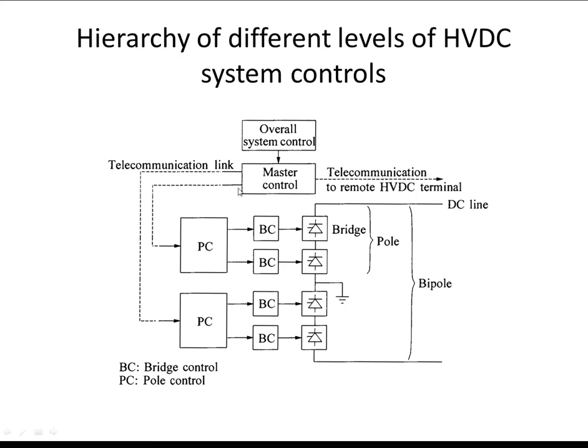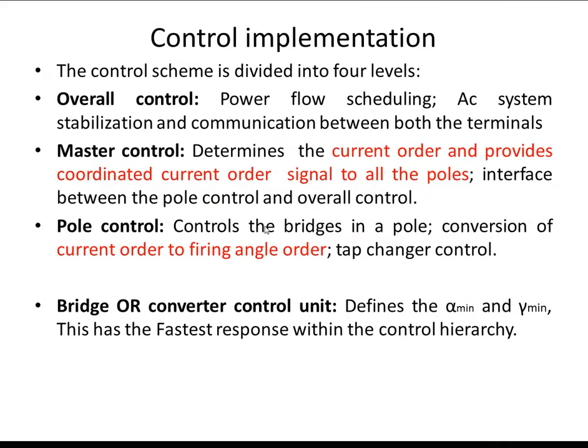In the same way, the master control has a communication line between the master as well as the pole control, so that whatever current order is generated by the master control is given to this pole control through this telecommunications line, and then this current signal is converted into the firing angle control and then given to this bridge control. So the telecommunication line is also very important in the control of the HVDC system.